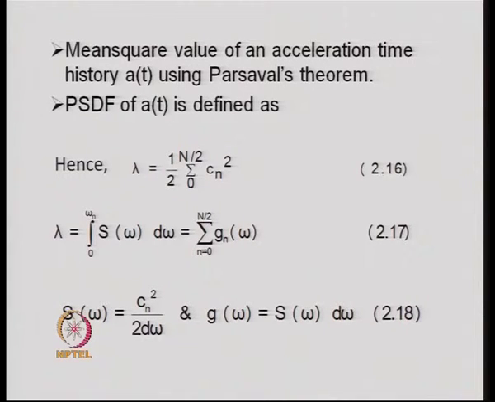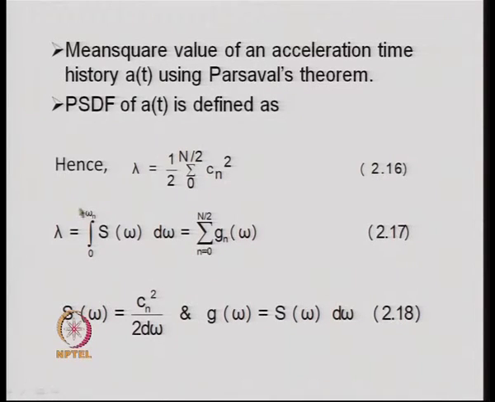If we integrate this function S(omega) from 0 to omega_n, that is the Nyquist frequency, up to the point A in the figure that I discussed before, then that area under the curve will be the mean square value by definition, because by definition the power spectral density function is a distribution of the mean square value with frequency.